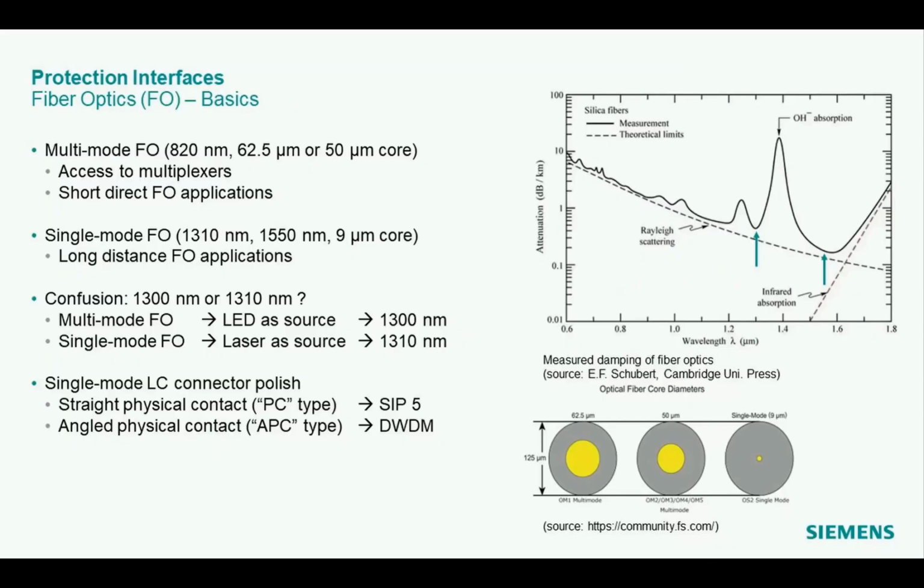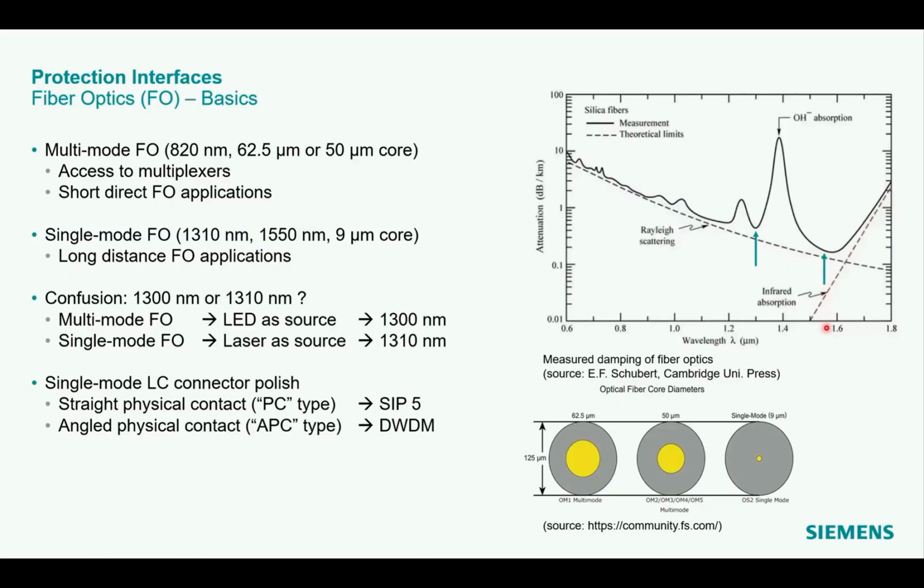Let's have a look at the direct fiber optic modules and first start with some recap on fiber optics. In this slide, you see on the right-hand side a diagram showing the damping of a typical fiber optic. The curve shows that there are some maximum dampings at which you can't operate, but you also see some minima at this location and this location here.